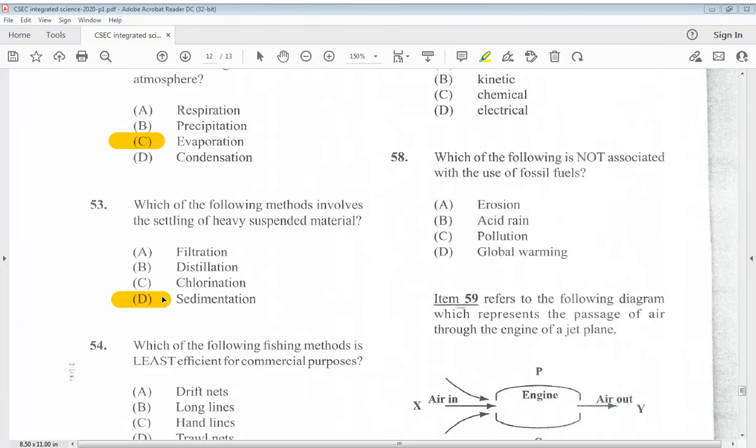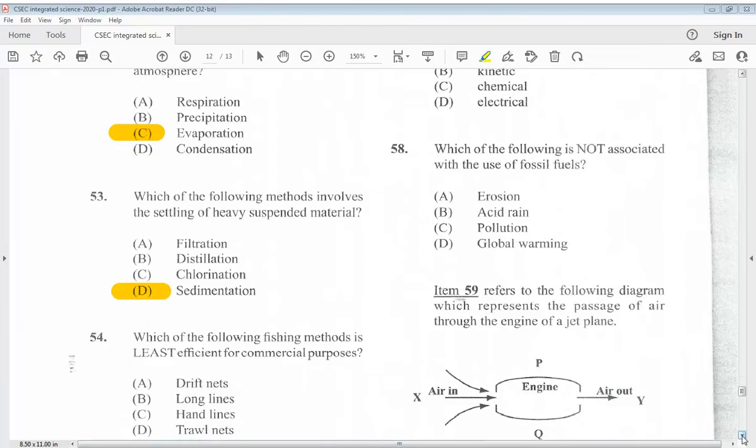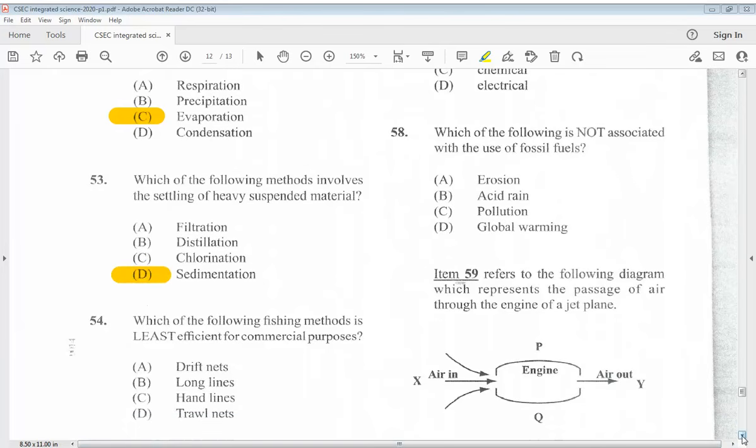So the answer for 53 is D, sedimentation. 54. Which of the following fishing methods is least efficient for commercial purposes? The answer would be A.